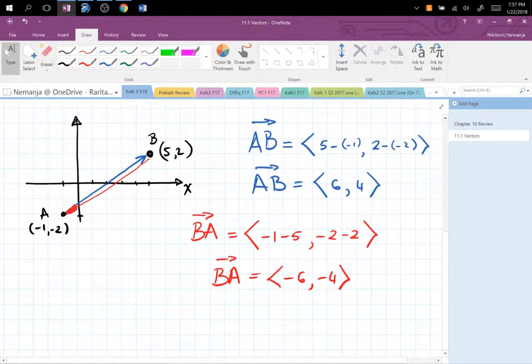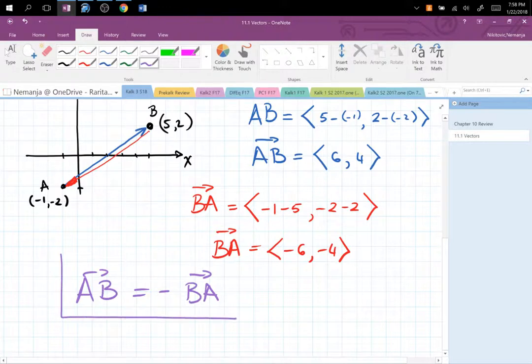So we see that the coordinates of these vectors, -6, -4, and 6 and 4, these are almost the same. From where we can come up with our first formula, where vector AB is the same as negative vector BA. And we'll reinforce this as we go along.